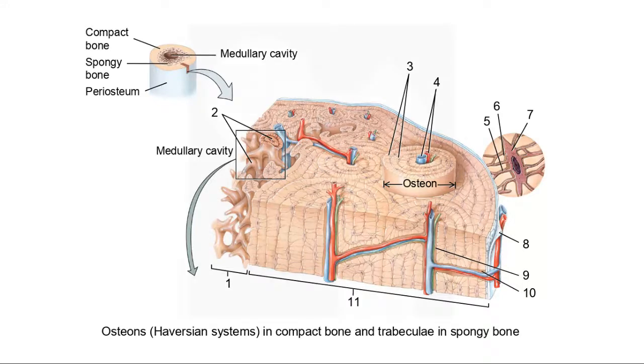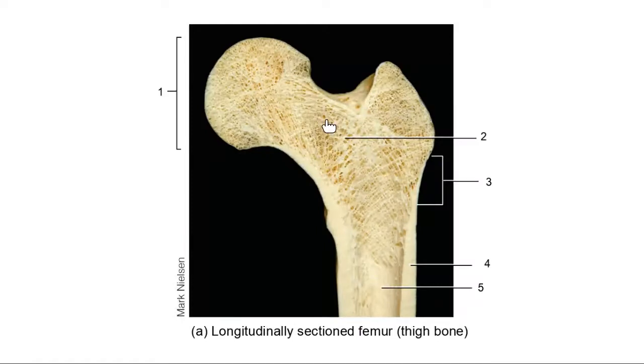And here you can see a spongy bone and compact bone. Our spongy bone has porous appearance, while our compact bone, as you see here, is very dense, without any cavity and space.